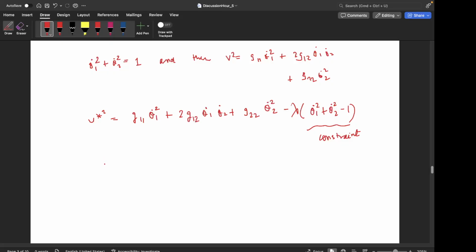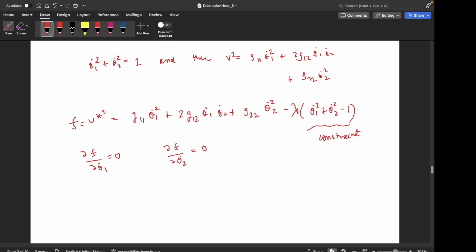And then what we do is, let's say this is F, so in order to find the solution of this, we do del F by del theta 1 dot equal to 0, and then we do del F by del theta 2 dot equal to 0, okay.